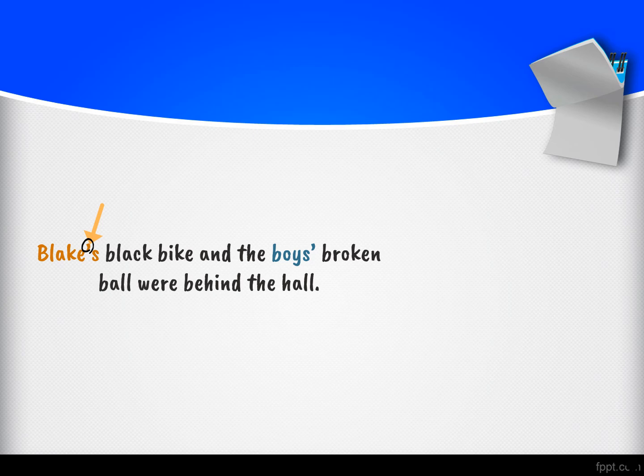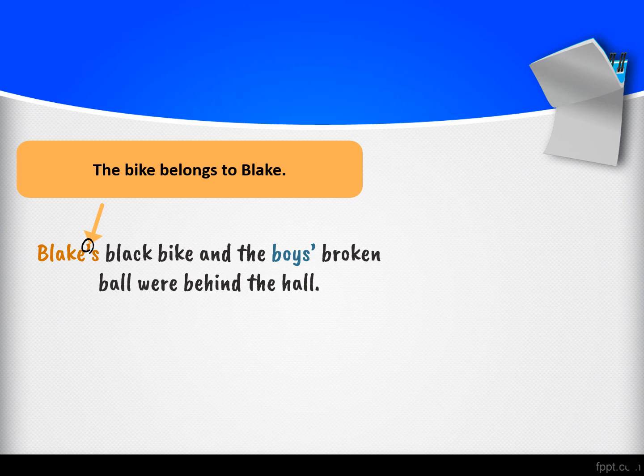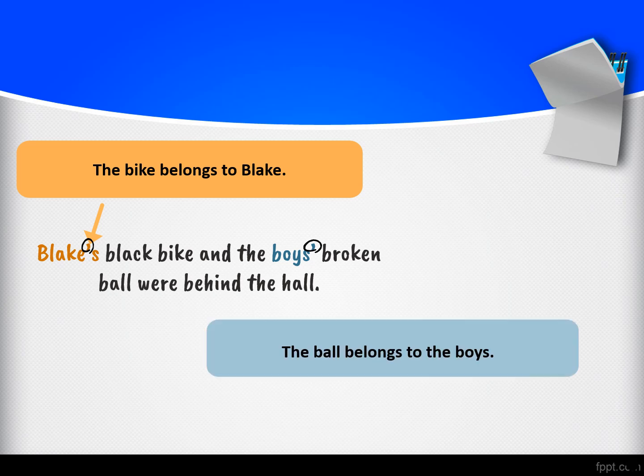This small apostrophe in the sentence shows us the bike belongs to Blake. Whose bike is this? Blake's. And this small apostrophe shows us the ball belongs to the boys. Whose ball is this? It's the boys' ball.